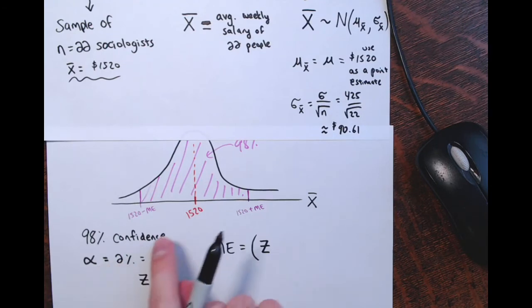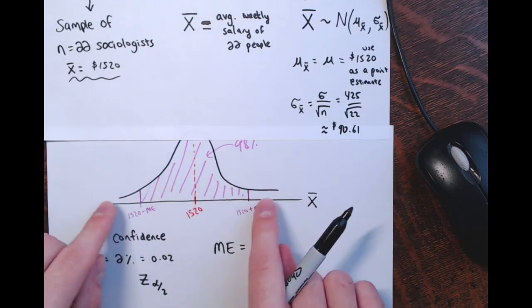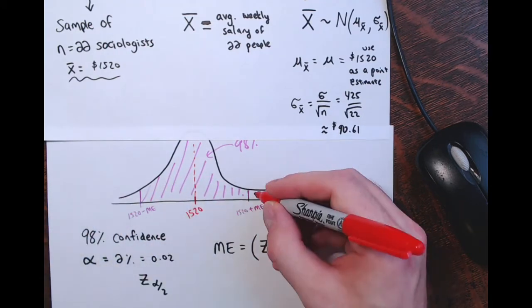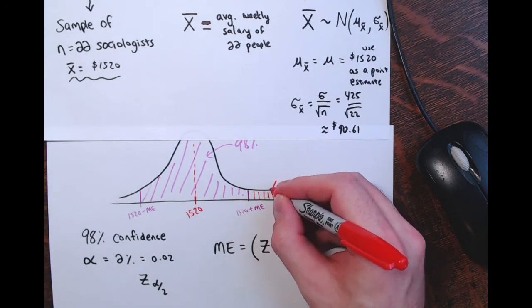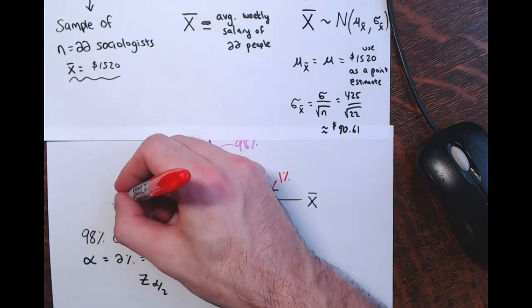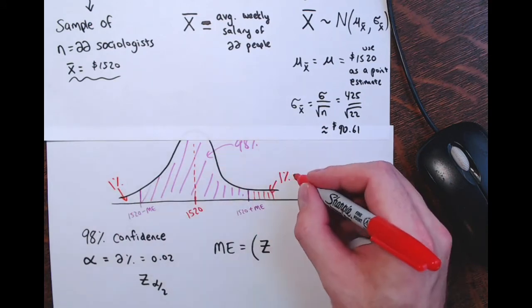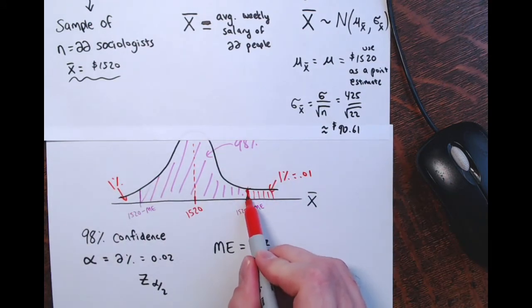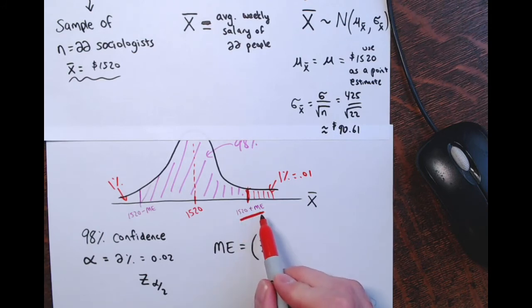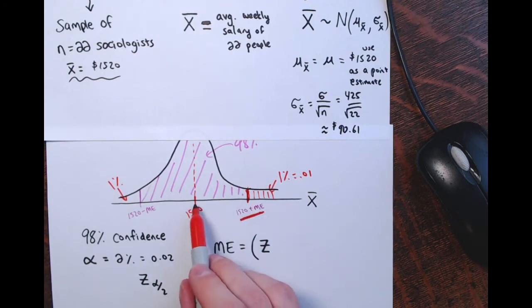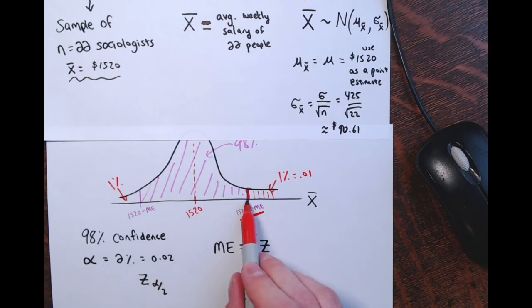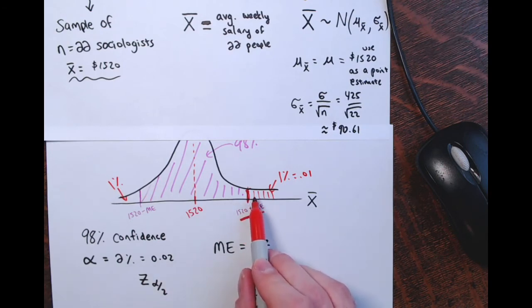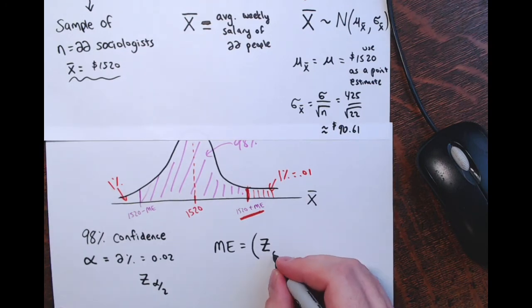Because remember, if there's 98% between, that means there's 2% left over. And if there's 2% left over, that means there's 1% up here, 1% down here. Now 1% is 0.01. So in order to find this upper limit, and figure out how many standard deviations above the mean it is, I need to know the z-score with 1% above it, that's this z.01.